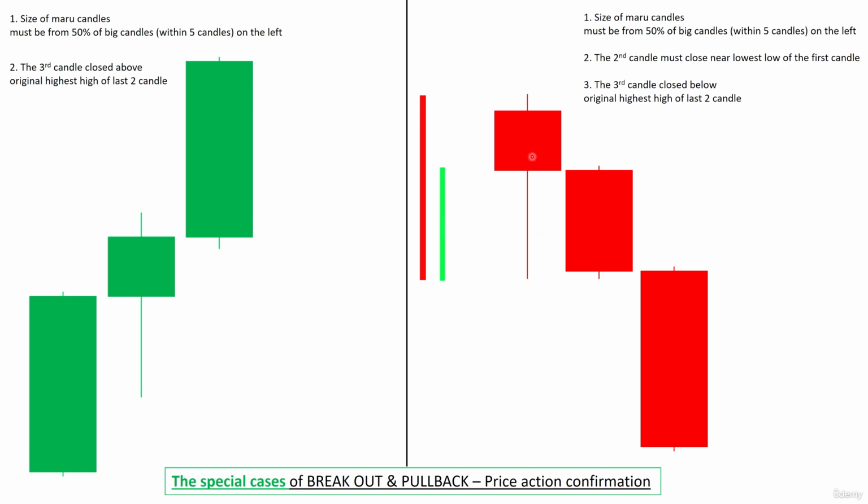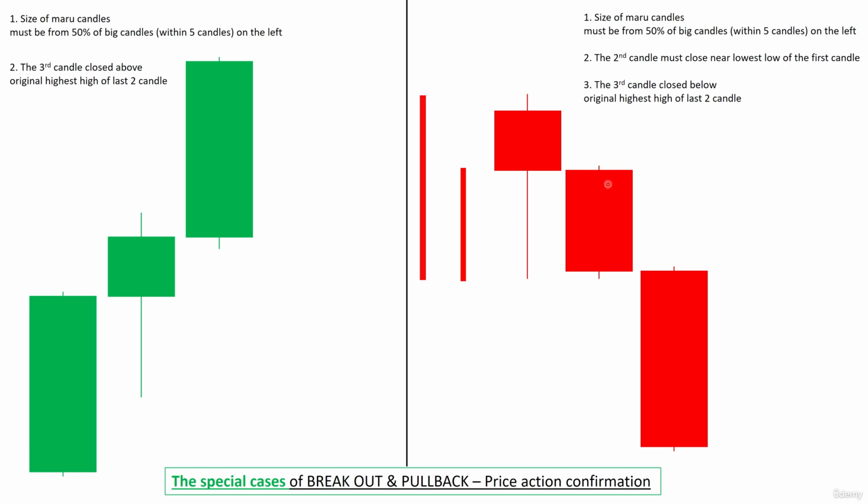And at this time, when the second candle closes very near the lowest low of the pin bar candle here, the selling pressure inside the second candle is absorbing the buying pressure inside the first candle here. Therefore, after the first two candles right over here, we can only see that selling pressure is very strong, right?